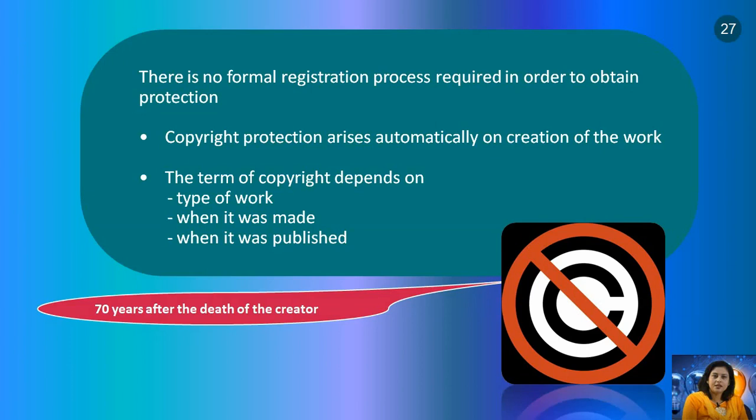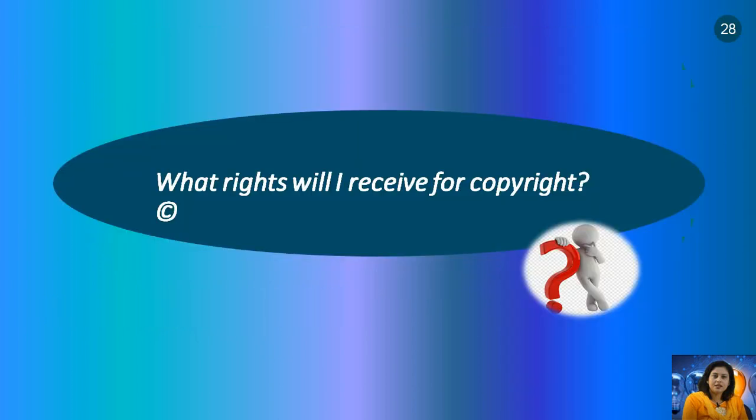The term of copyright depends on the type of work that is protected, when it was made, and whether it was published. Generally, protection lasts for 70 years after the death of the creator. What are the rights that I will receive for copyright?